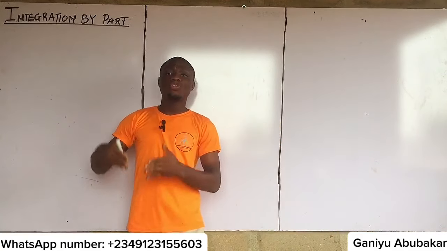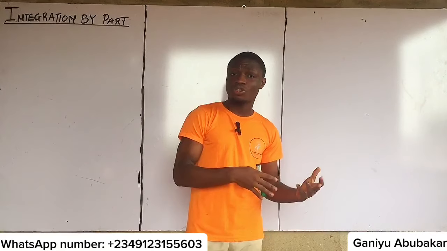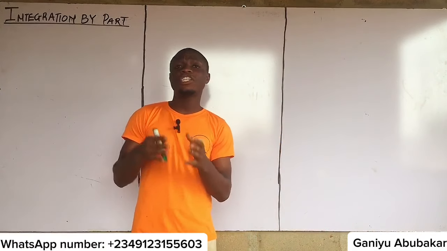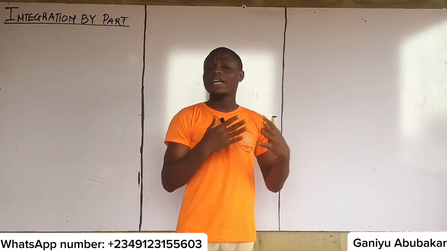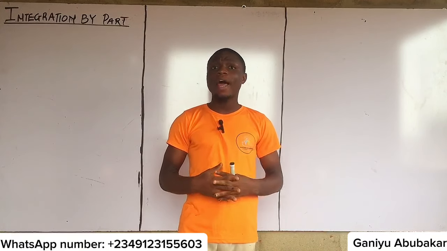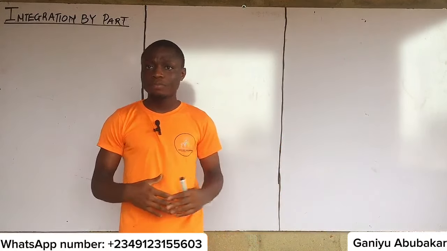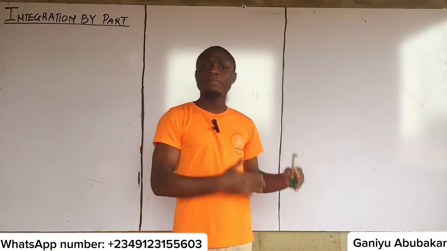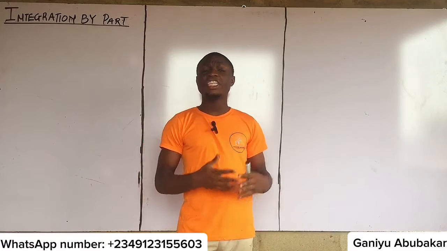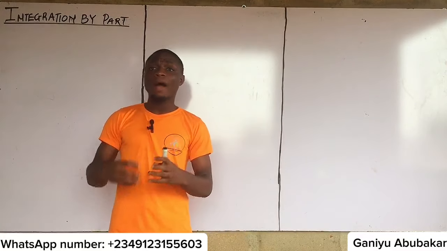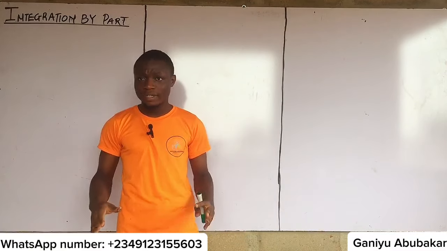If I'm given an integration of two functions, let's say an integration of two terms multiplying, in that case I will apply integration by parts. Integration by parts is used in integration when two terms are multiplying. That's the concept, right?